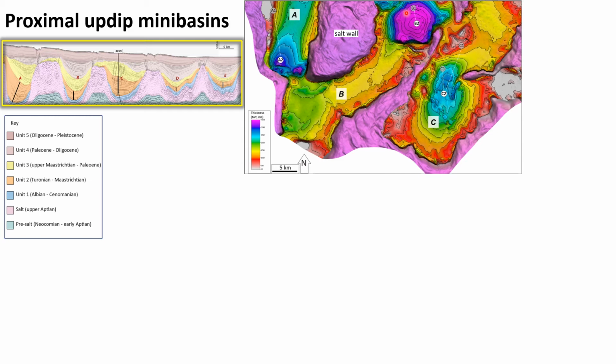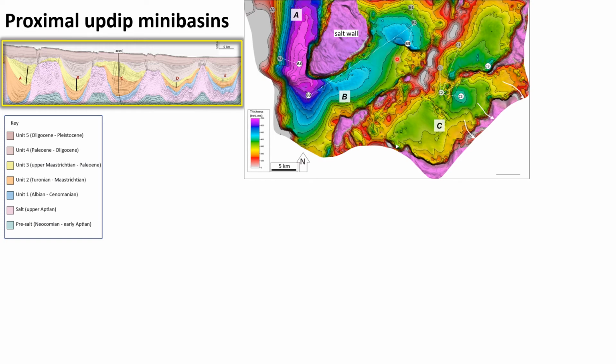Once this intra-minibasin depocenter was filled, sediments spilled along minibasin B towards distal locations, as highlighted in the isochron of the overlying yellow unit.